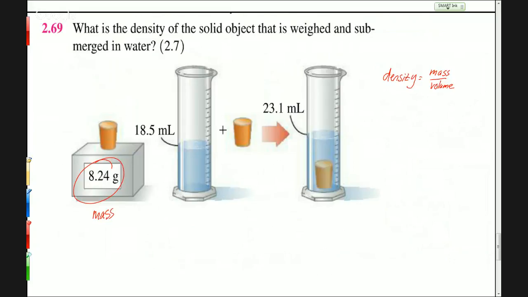So the difference between these two numbers, not equals, minus. Whoops, that's not right. Sorry. 4.6 ml. That's the amount of space that that object takes up.